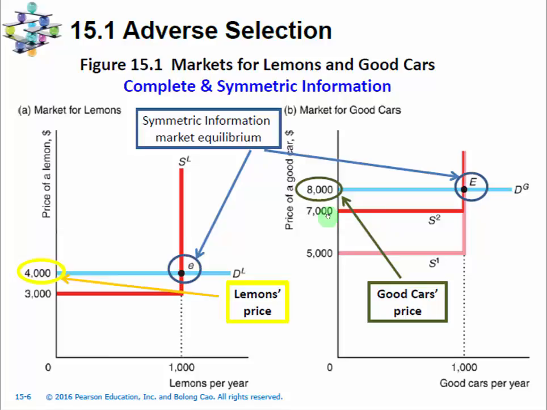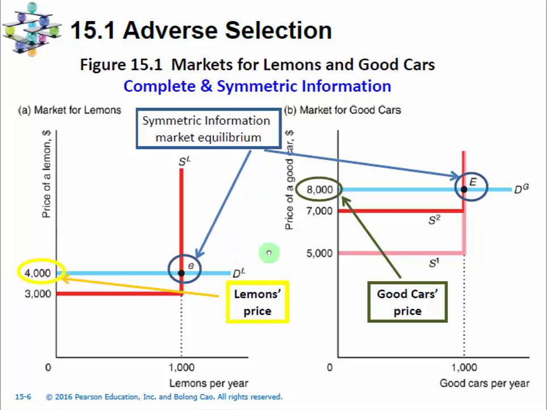So the total surplus is at least the difference between 8,000 and 7,000, times the 1,000 used cars sold, that is another $1 million, and that total surplus also goes to the sellers because of the horizontal demand curve. So if we have complete and symmetric information in the used car market, at least we can have $2 million of total surplus realized.